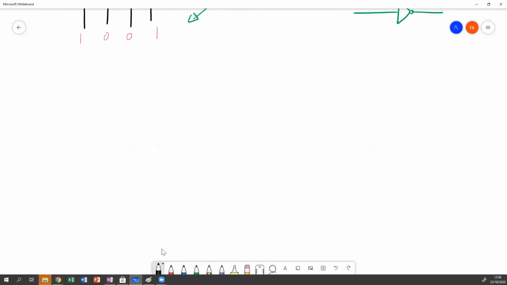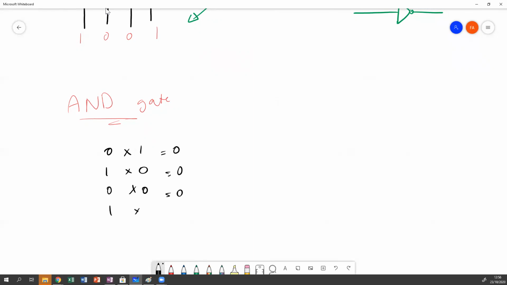The next gate that we want to discuss is called the AND gate. So look guys, in multiplication, I told you if you have 0 multiplied by 1, you get 0. 1 times 0 is 0. 0 times 0 is 0.